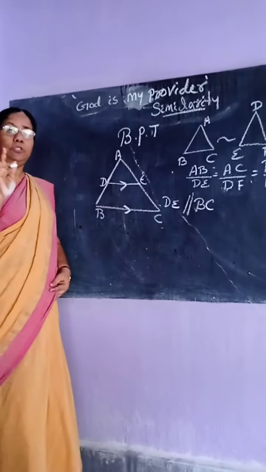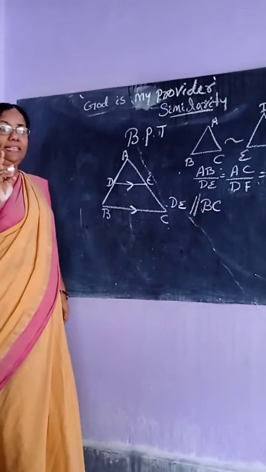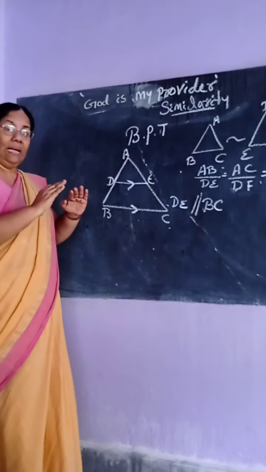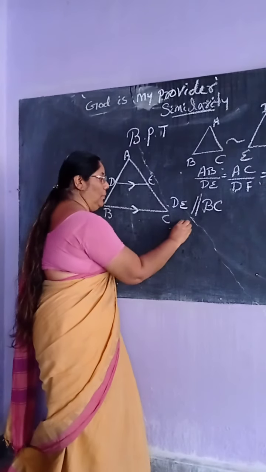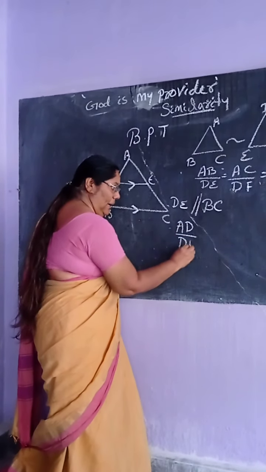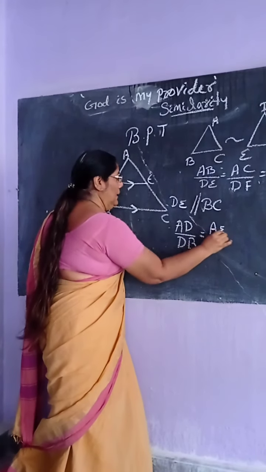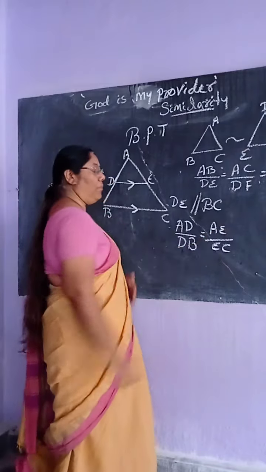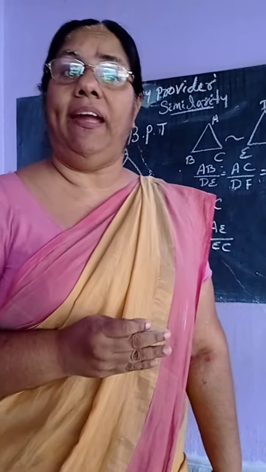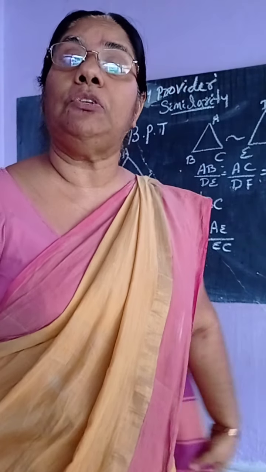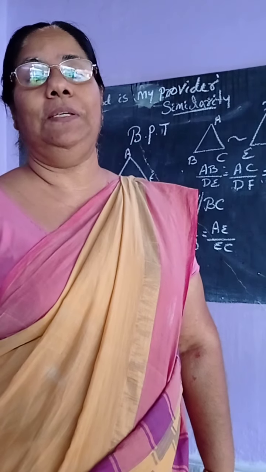DE parallel to BC, then according to the basic proportionality theorem, AD by DB is equal to AE by EC. If a line drawn parallel to one side of a triangle divides the other two sides proportionally, that is BPT.